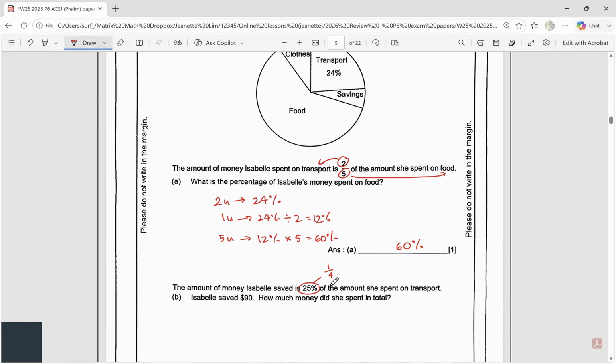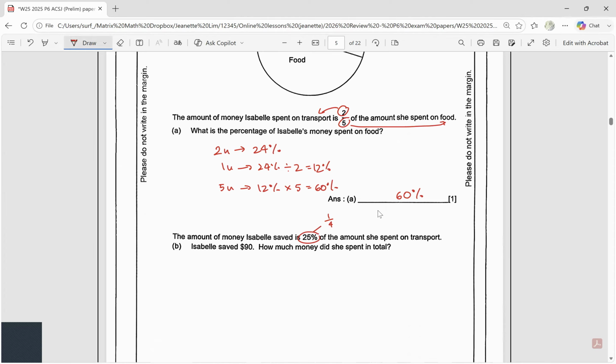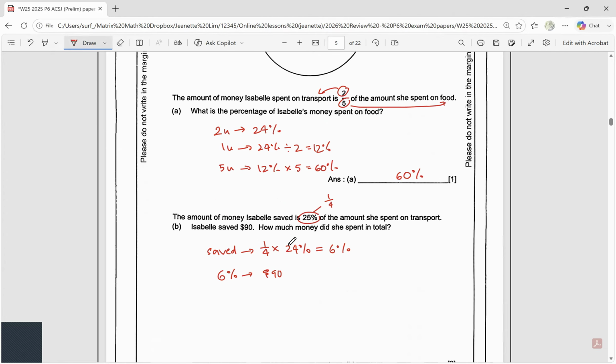So like 1/4 of 24%. That's the amount saved. So 1/4 of 24% is 6%. Now that 6% is $90. Okay, because they say that she saved 90. How much did she spend in total?